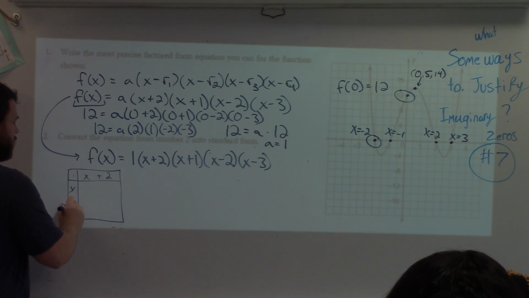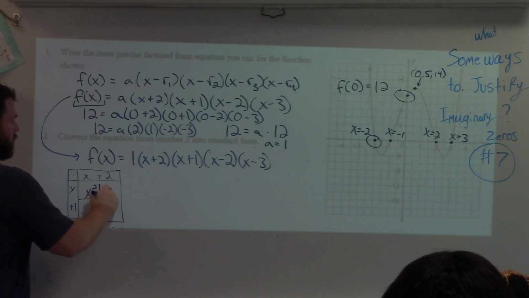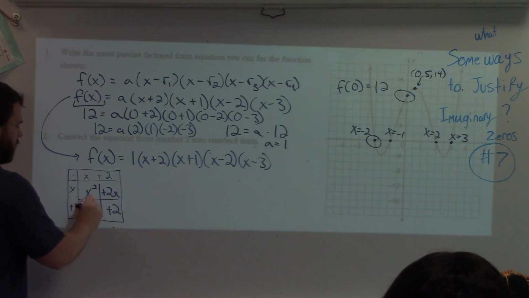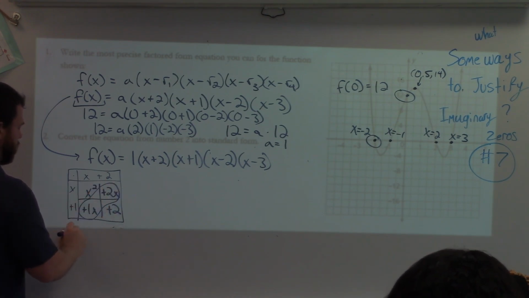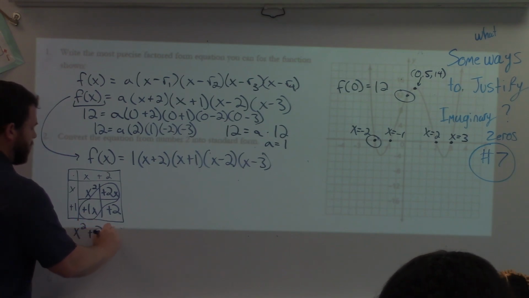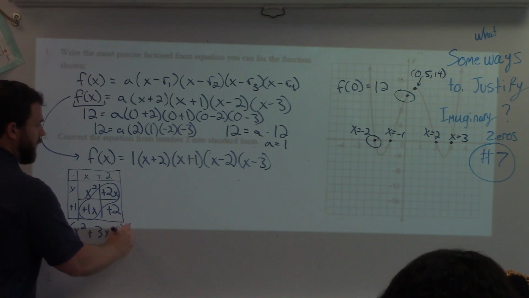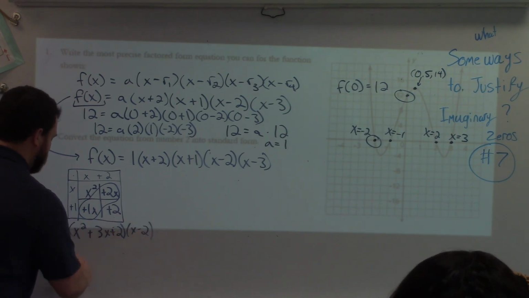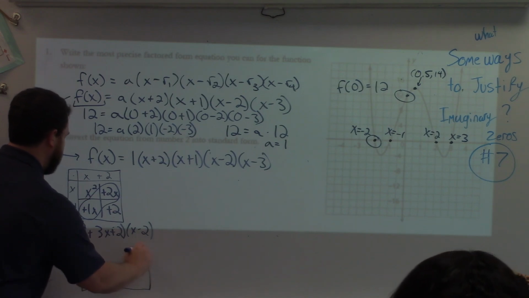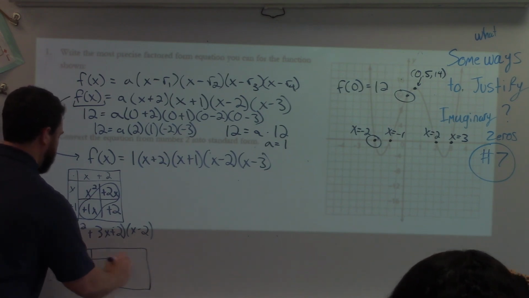And there's several ways to do this. I think quite a few of us in this class, which is perfectly fine, took this, and so be careful. I saw a lot of just procedural mistakes. We took that x squared plus 3x plus 2, and then we multiplied that just by the x minus 2, which can 100% get you to the correct answer by the end.